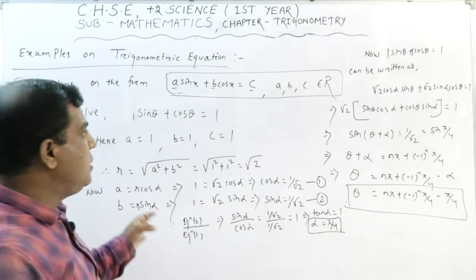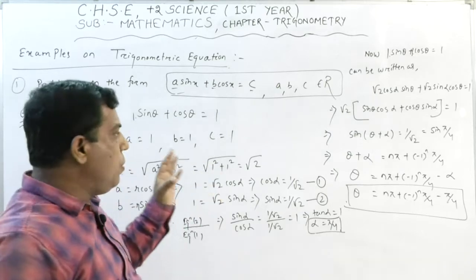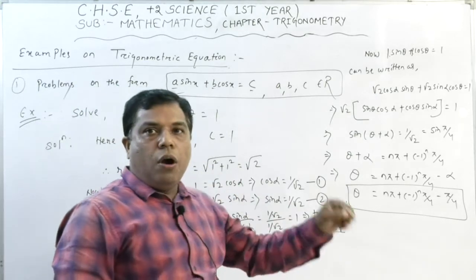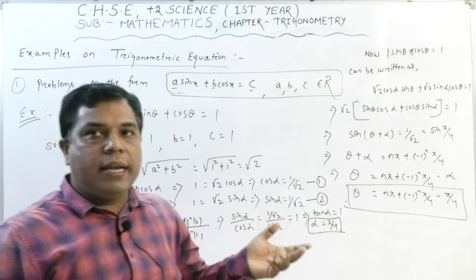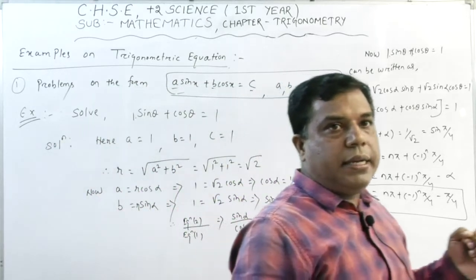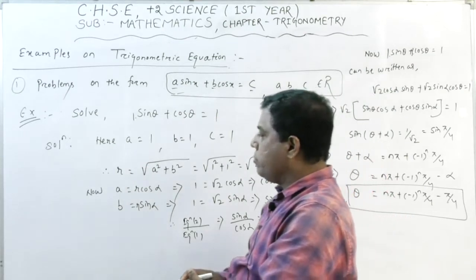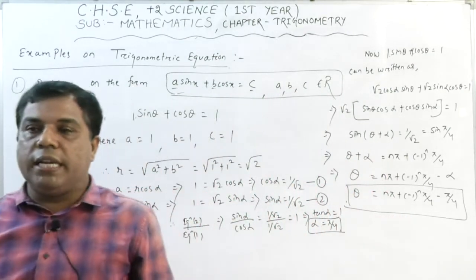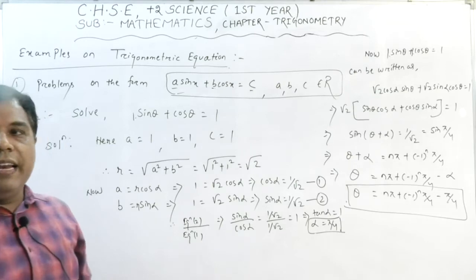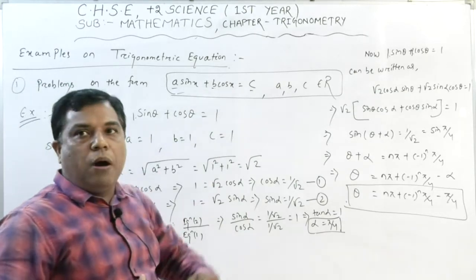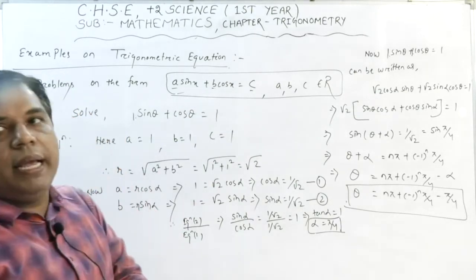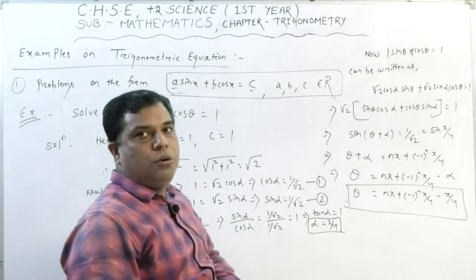Okay, dear students, I hope you are clear. Or let us take another example for better clarity on this problem. It is in the form of a sin x plus b cos x equal to c.